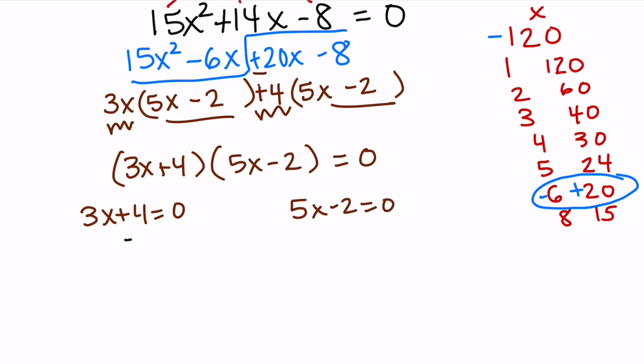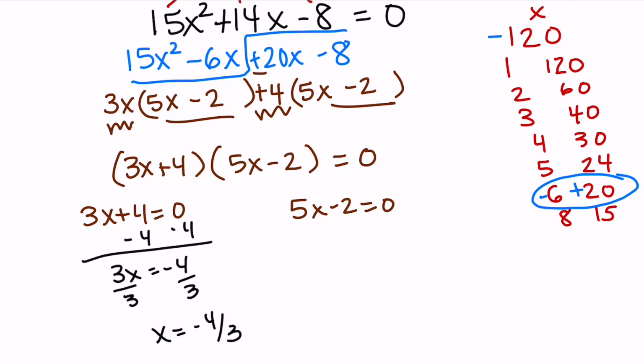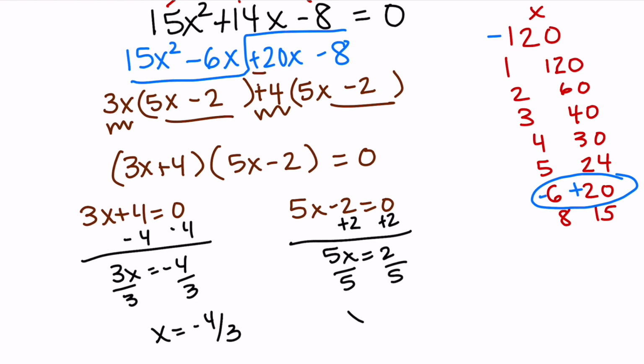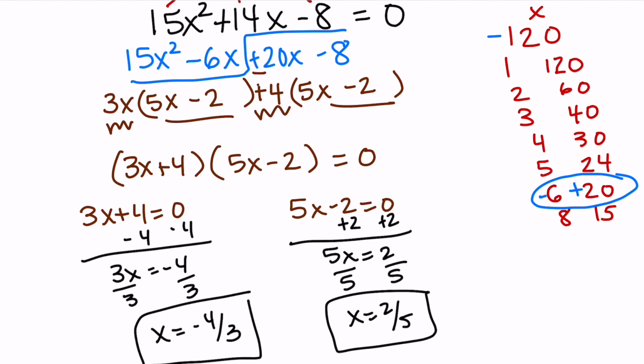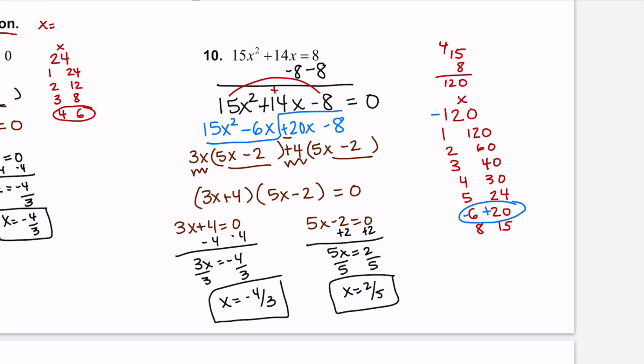So we're going to minus 4 from both sides, divide by 3, and so x equals negative 4/3. On the second one, we add 2 to both sides, divide by 5, and so x equals 2/5. So those would be the two answers, two solutions that would make this equation true.